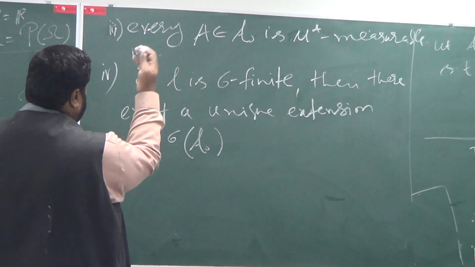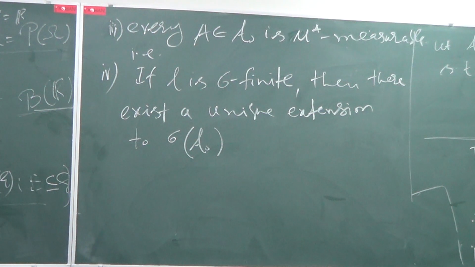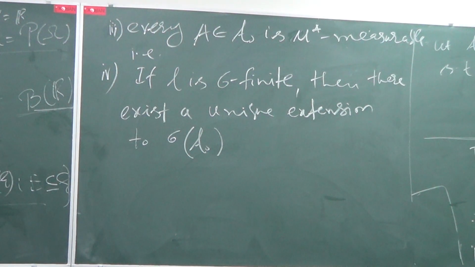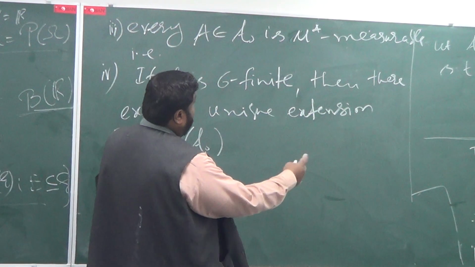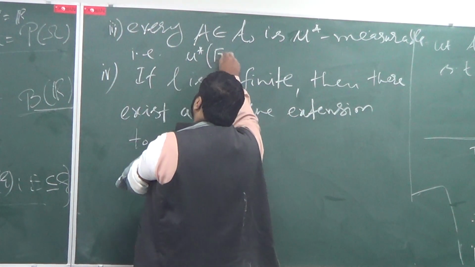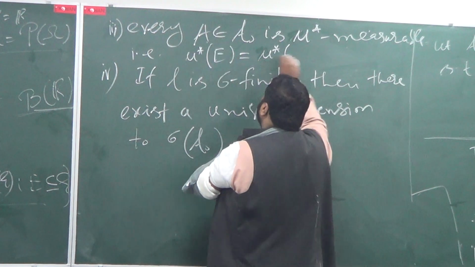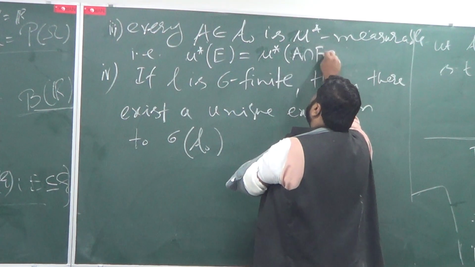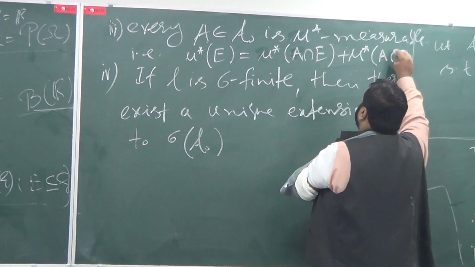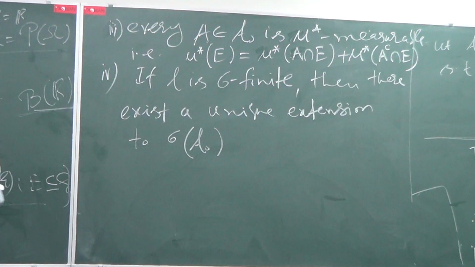A subset A of X is called mu star measurable if mu star of any subset E can be written as mu star of A intersection E plus mu star of A complement intersection E. This is the meaning of mu star measurability.